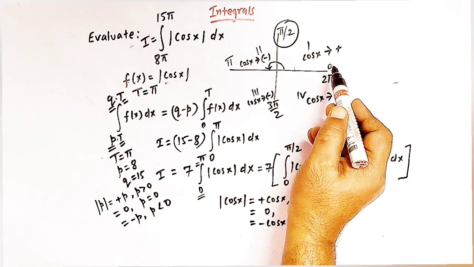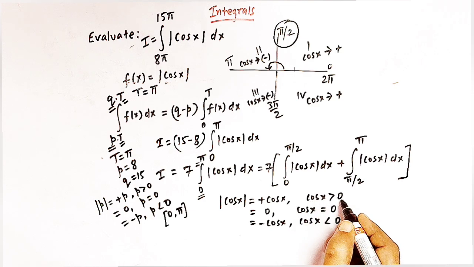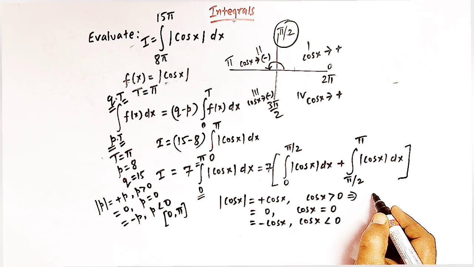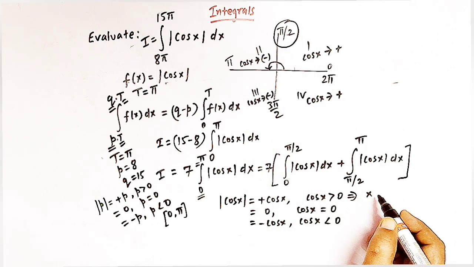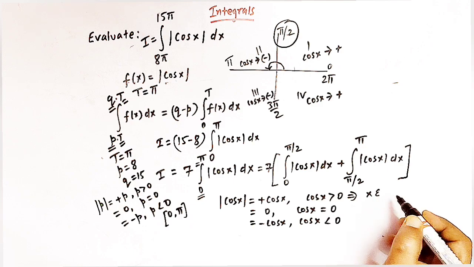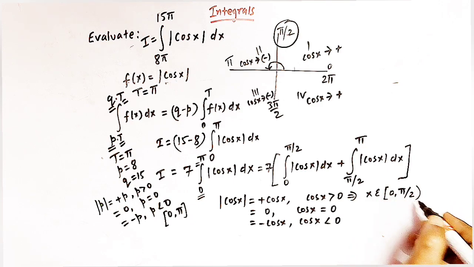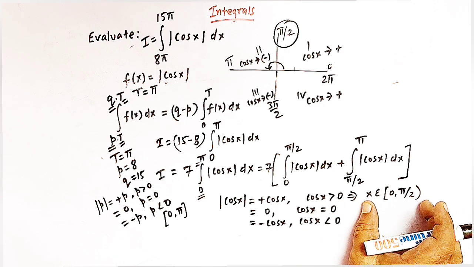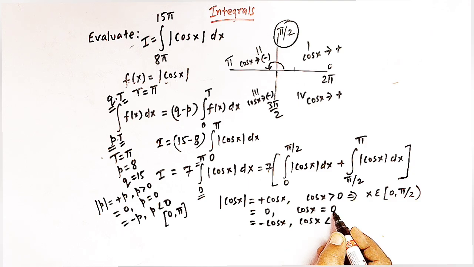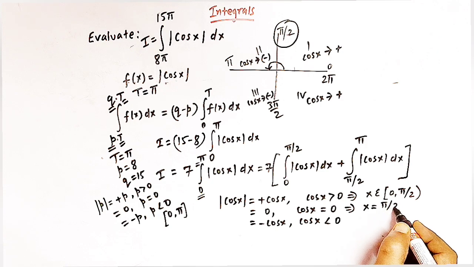Since we are restricting ourselves to the interval that is 0 to pi, when cos of x is greater than 0, it implies that x must lie between 0 and pi by 2, right? So when x belongs to the interval that is 0 to pi by 2, then cos of x is greater than 0. It means we are in the first quadrant. And when cos of x is equal to 0, it implies that x is equal to pi by 2, right?